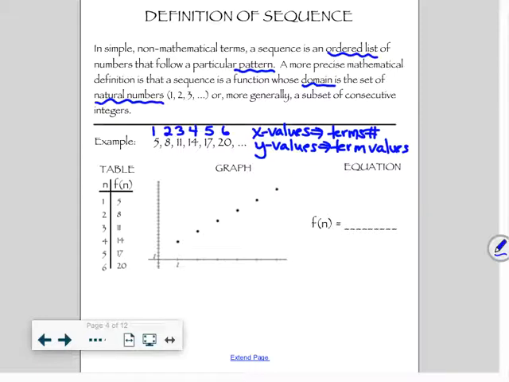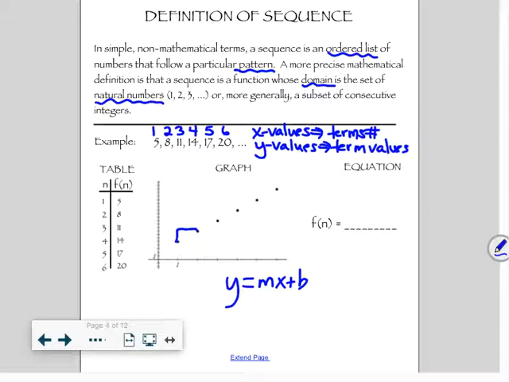So, if I want to come up with an equation for a line, what formula do you remember that helps us write an equation of a line? Music to my ears. Y equals mx plus b. All right. Well, when you look at a line, slope is rise over run.